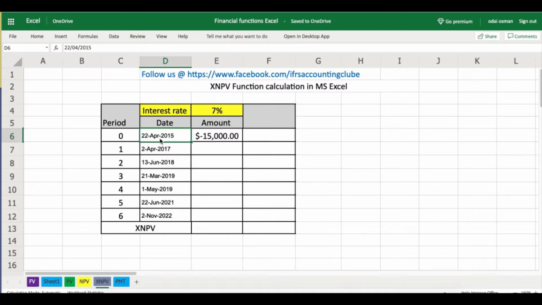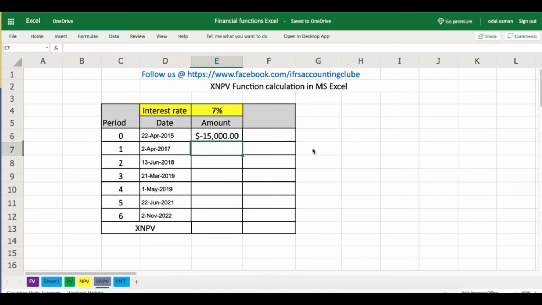So here we made the first initial investment in October 2015, and then we made the second investment, or return, on the 2nd of April 2017. So here let's see from 2019 and then 2021.